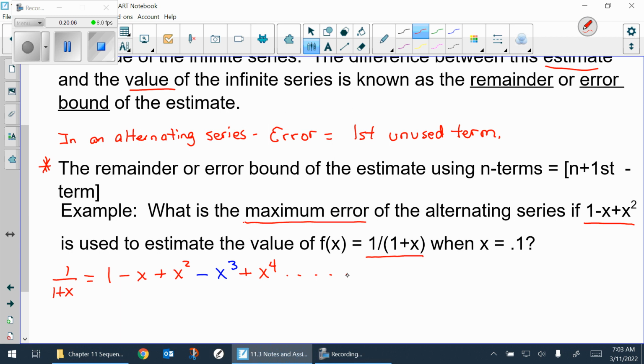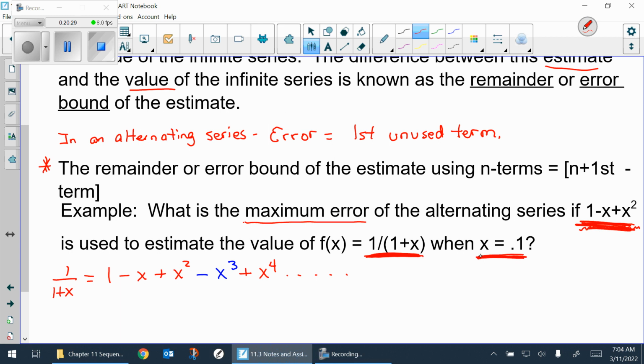Well, we have used this as our estimate. That is our Taylor polynomial that we have used. What is the error? What's the difference between this and this when we get as far away from the center as x is 0.1?